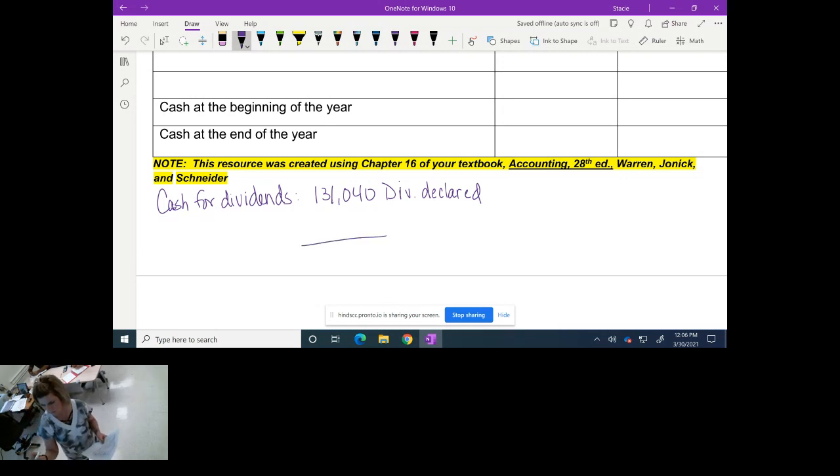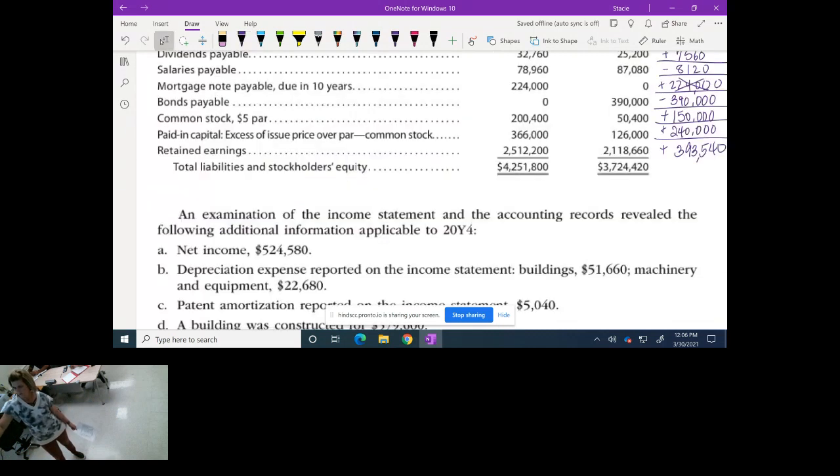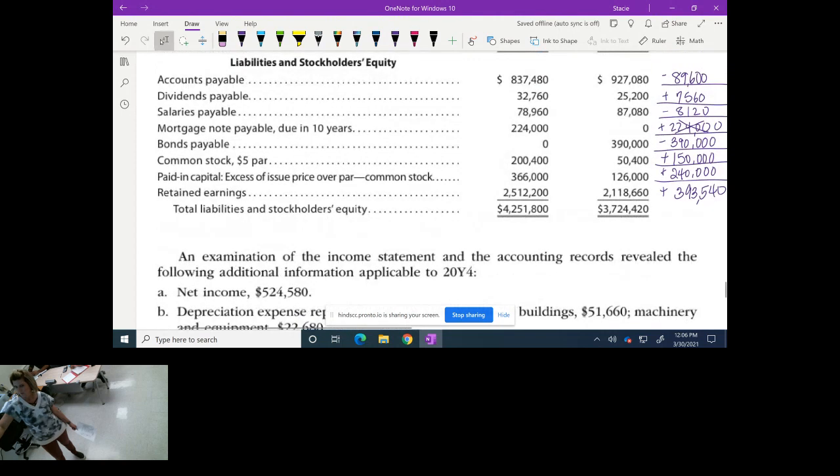Okay, so I should end up with this. That's not what I'm trying to end up with. All right, so we need to subtract out the change. You said it increased 7,560? Okay, I was thinking 75,000, that's what was throwing me off, sorry.